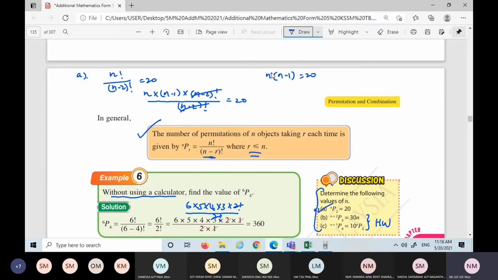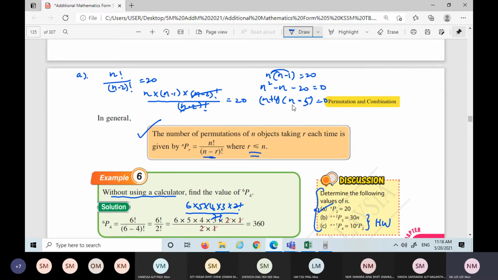So for n, expand, you will get a quadratic. 20 move to this side, minus 20. Factorize. 20, I think 5 and 4, the difference is 1. So negative 1: negative to the bigger number, positive to the smaller number.